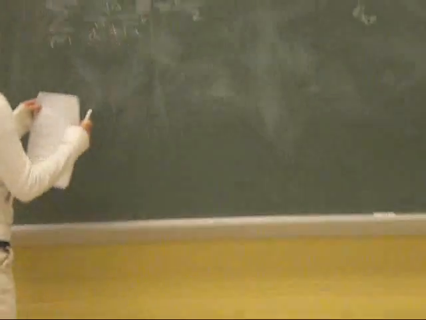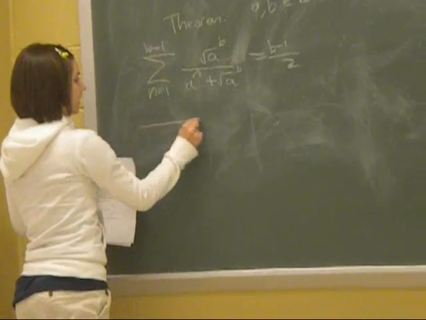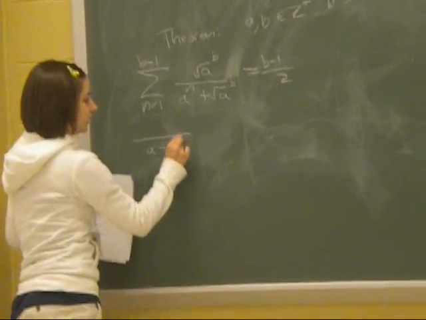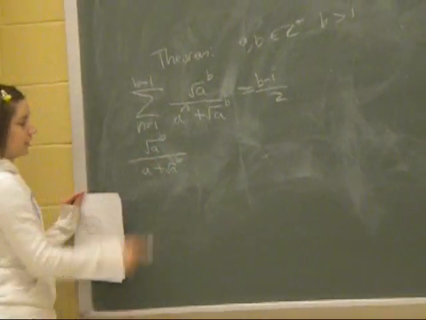So, to prove this, we notice that when n is equal to 1, we get just a plus the square root of a to the b up here.